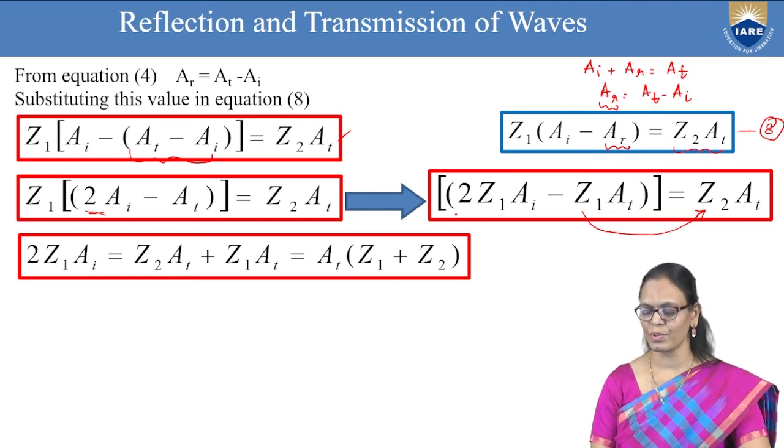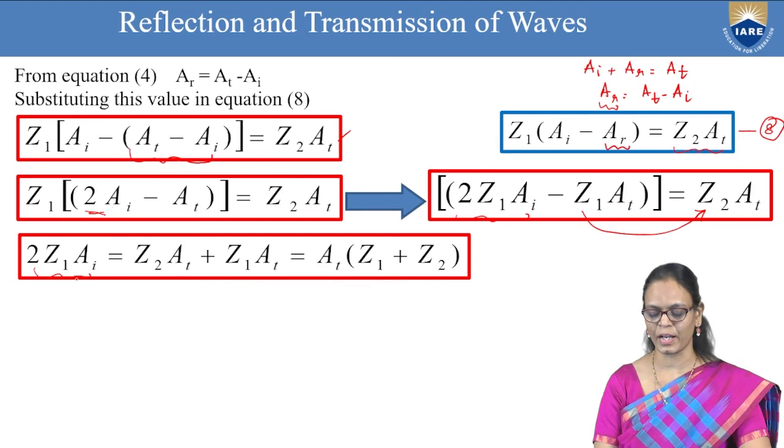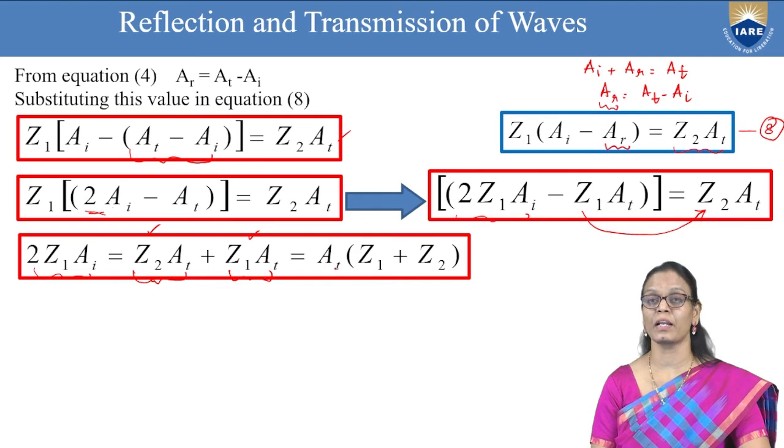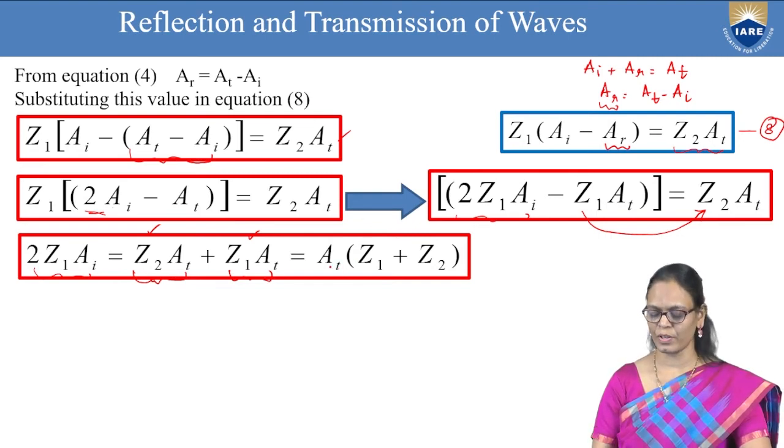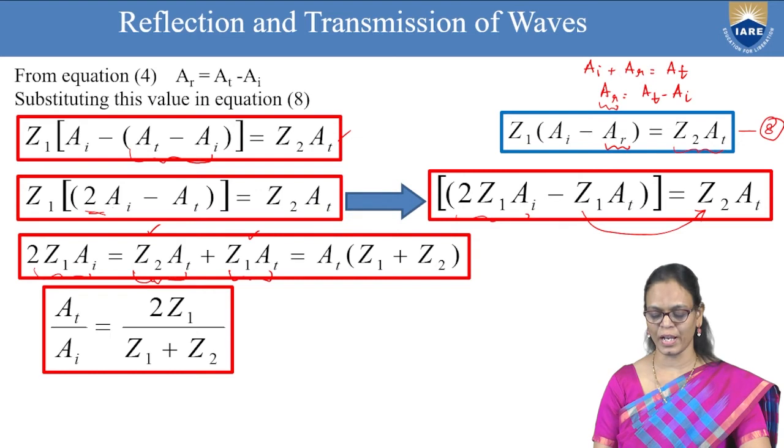So we are writing 2Z1 AI equals Z1 AT plus Z2 AT. So now you can take out AT common here. So Z1 plus Z2. Here we have Z1 and Z2 after taking out AT common. Now we are going to write for AT upon AI. So AT upon AI, if we have 2Z1 here, and we are going to take Z1 plus Z2 onto the other side. So what we have is 2Z1 by Z1 plus Z2.